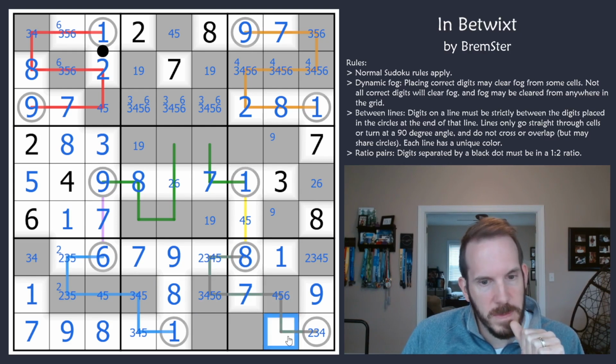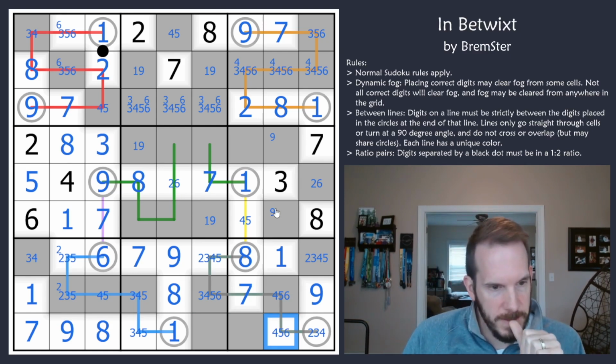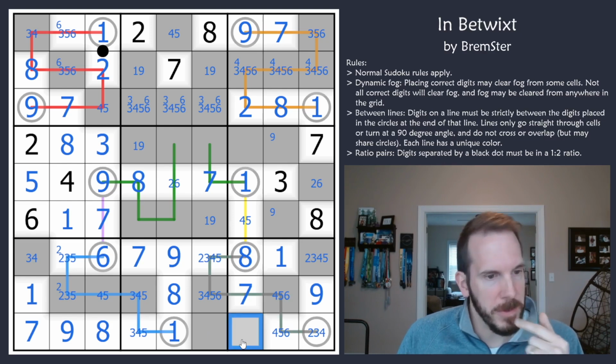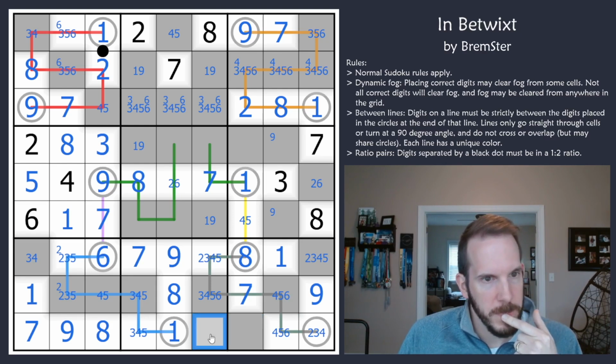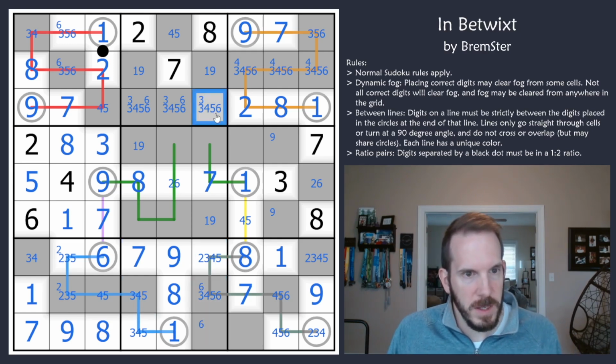This is between at least 2 and 8, so it's from 3 through 7. Can't be 3 or 7, so this is 4, 5, 6. Doing a lot of pencil marking in this puzzle. 6 in this box is in one of these 2 cells, so it's not here.